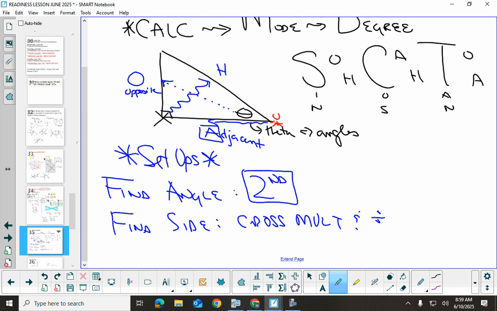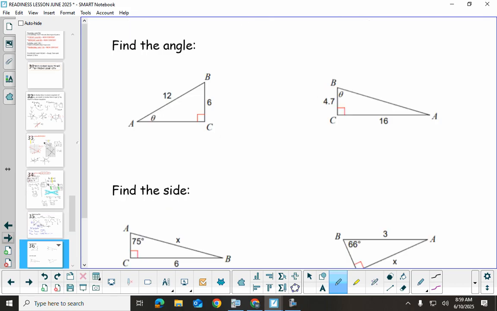We are just doing the basics. Okay? So let's just dive in and do some questions, and hopefully this comes screaming back at you. So the first 2 we'll do are finding angles, the second 2 we'll do are finding sides, and then we'll do a couple of tiny problem solvings to kind of wrap it all up.